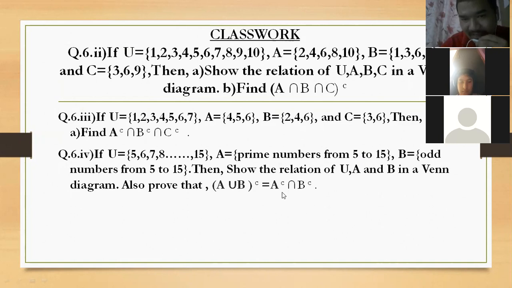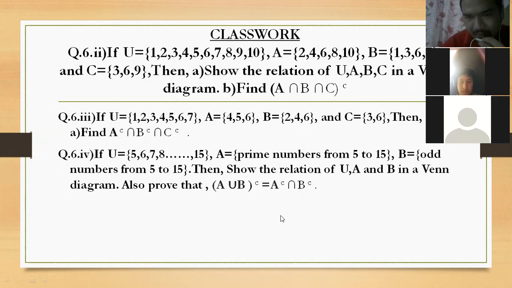Then right hand side, what will be there? A complement intersection B complement. Find A complement separately, then B complement separately. Then find out A complement intersection B complement. Then the left hand side answer and right hand side answer will be equal. Okay, children? Left hand side and right hand side answers will be equal.